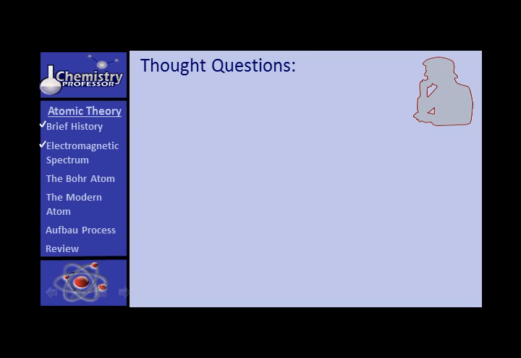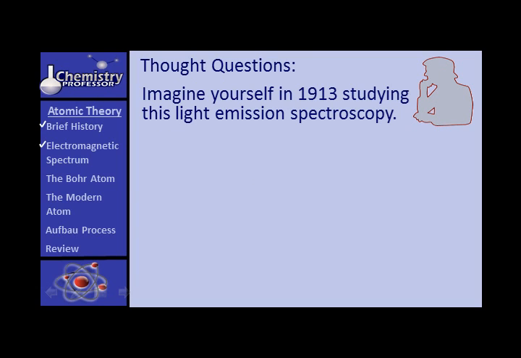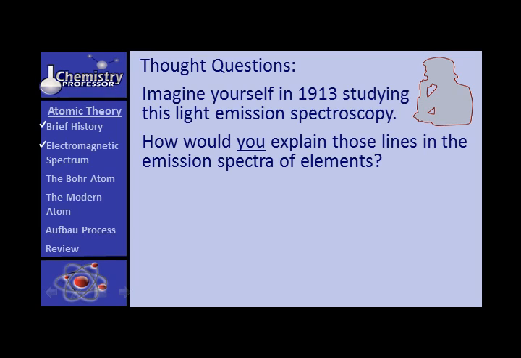Think about it, folks. Here you are in 1913. You've been studying line emission spectroscopy. You've been studying the work of Paschen and Pfund and Rydberg and all of this crew. How would you go about explaining those lines in the emission spectra? How would you go about explaining what those n values are that they're getting? How would you go about explaining there were always discrete values there?